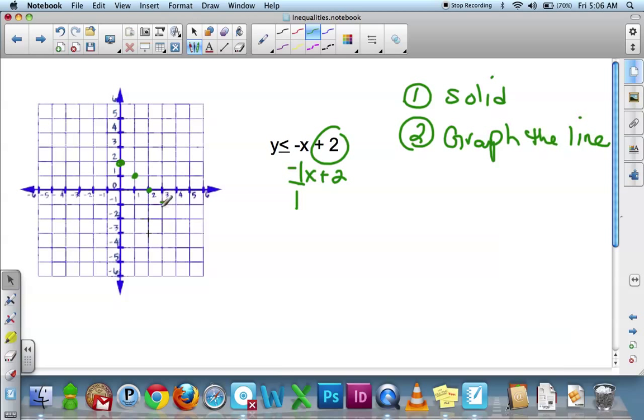And so forth. Remember, if we're going in the opposite direction, it's just the opposite of where you went to begin. So if we went down 1, right 1, we'd go up 1, left 1.